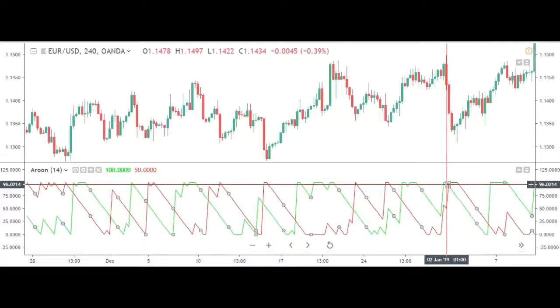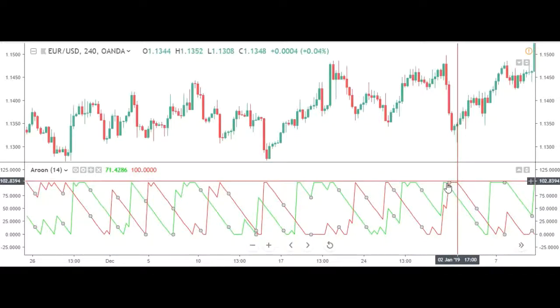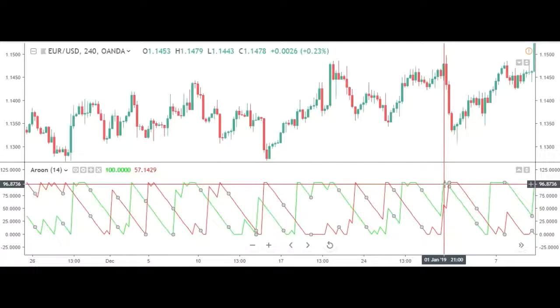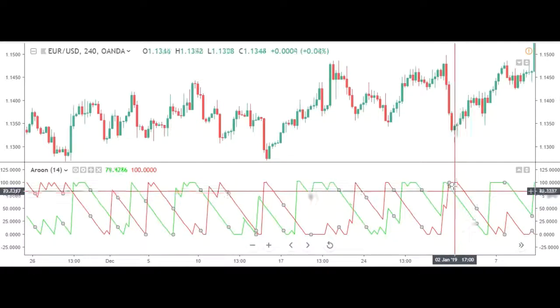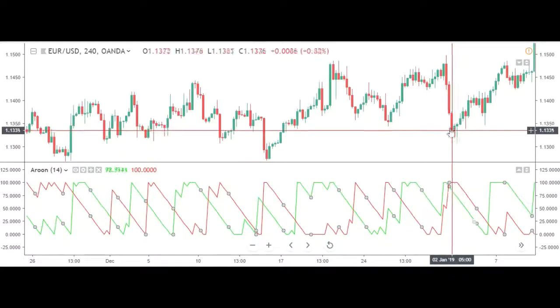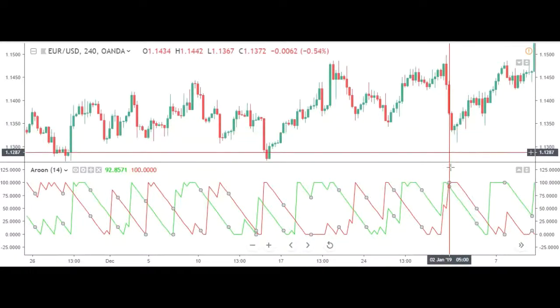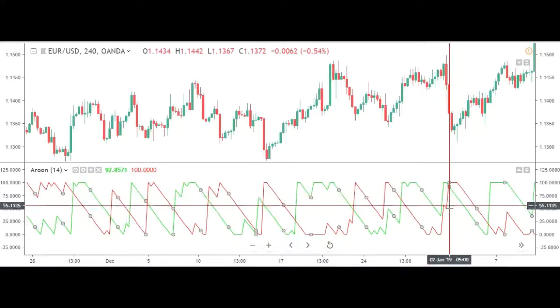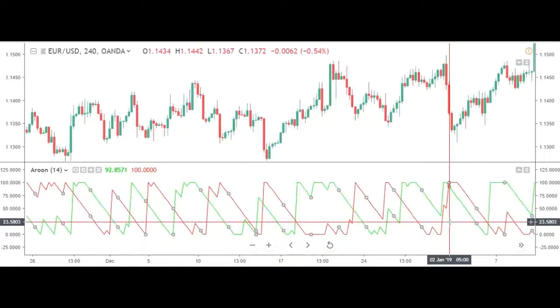Now every time frame looks a little bit different just because of the way it works. But you can see right here that it was at the highest point within those 14 periods, and this was 4, 8, 12, 16, 24. So that's about 2 days, a little bit over 2 days' worth.